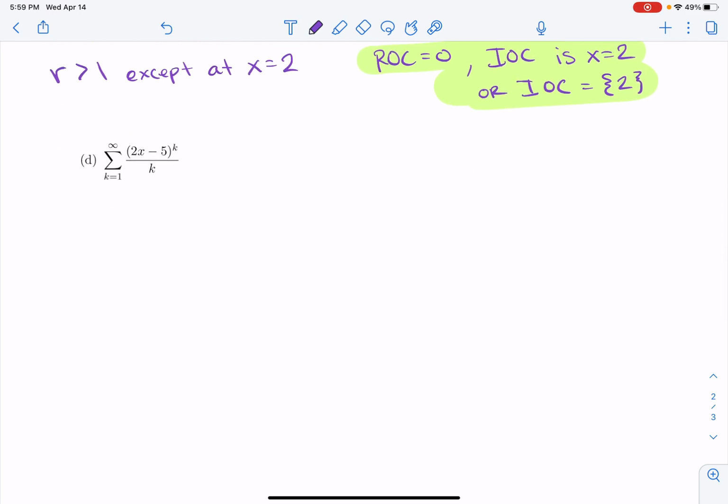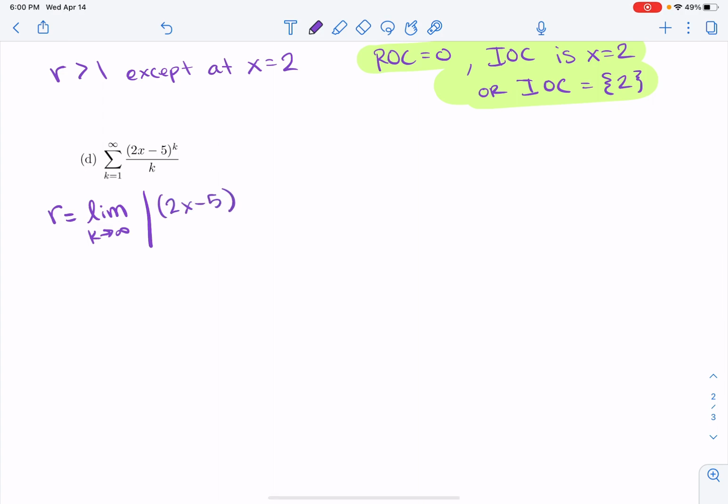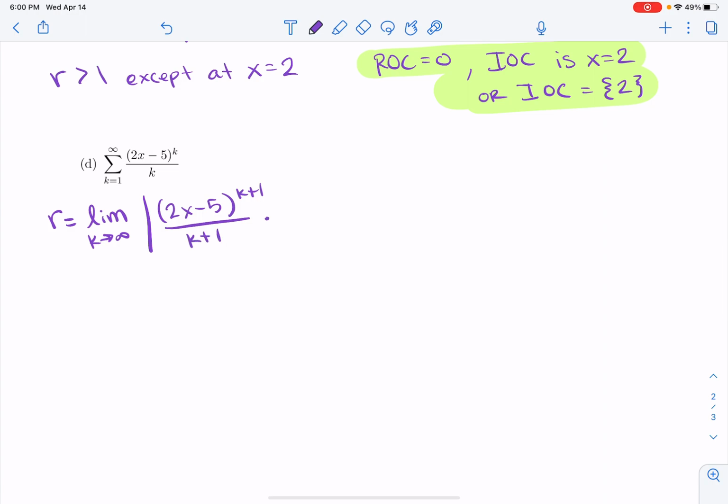And now this last one, again, we're going to start with the ratio test. The ratio is equal to the limit as k approaches infinity of the k plus 1 term, (2x minus 5) to the k plus 1 divided by k plus 1, times the reciprocal of the k term, k over (2x minus 5) to the k.